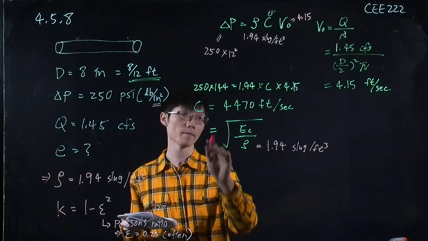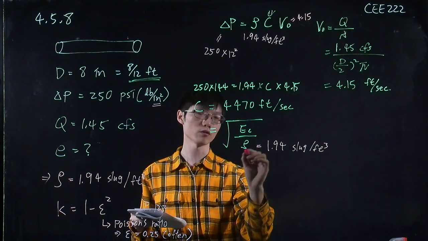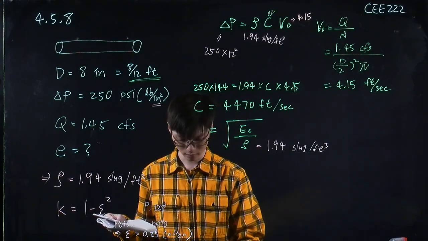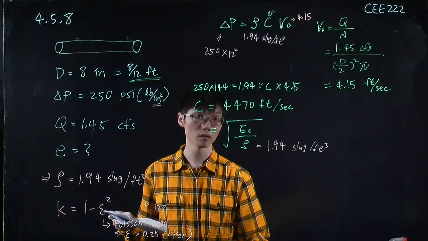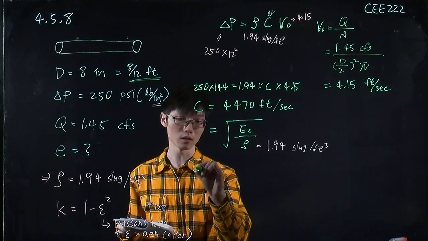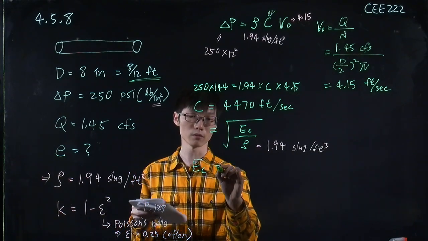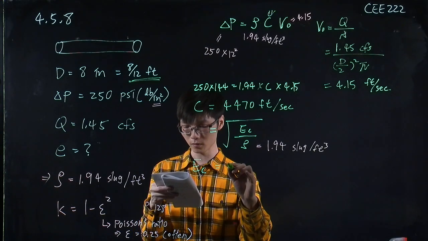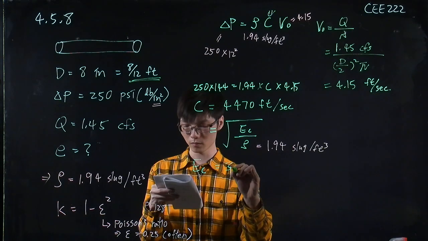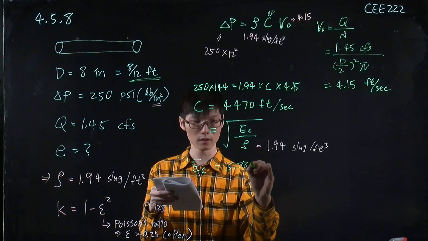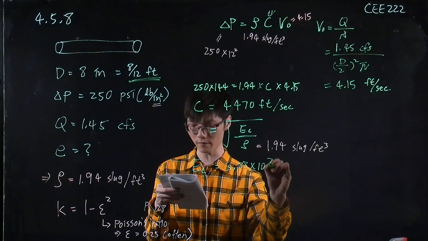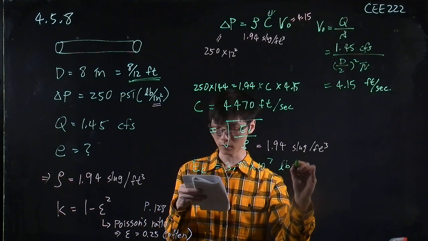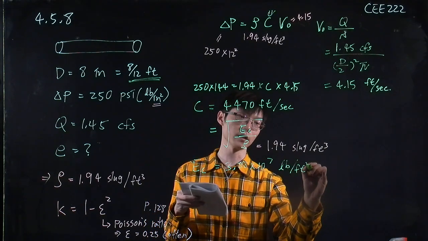Then we can solve this equation, which will get that EC is equal to 3.88 times 10 to the power of 7 pound per square feet.